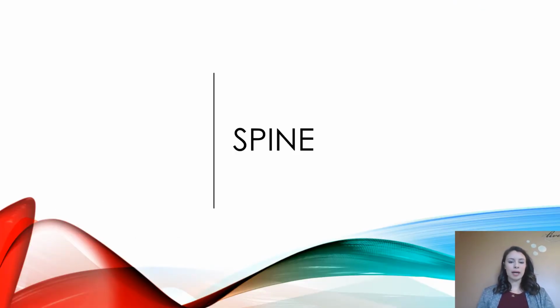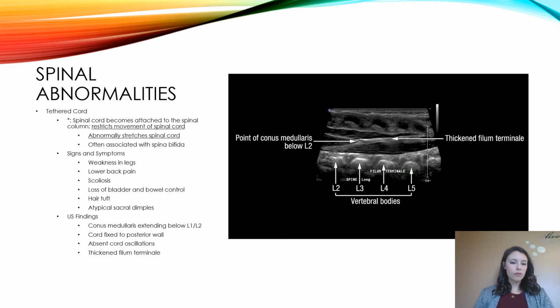Moving on to spine. The first spinal abnormality we're going to talk about is the tethered cord. And this is when the spinal cord becomes attached to the spinal column, and that restricts the movement of the spinal cord. And this abnormally stretches the spinal cord and is often associated with spina bifida.